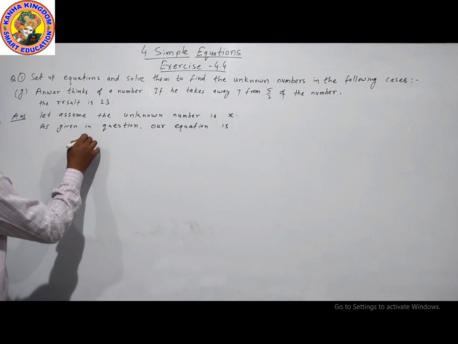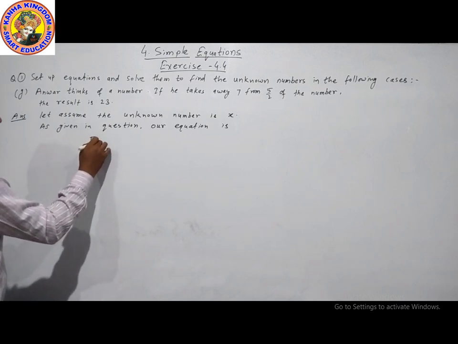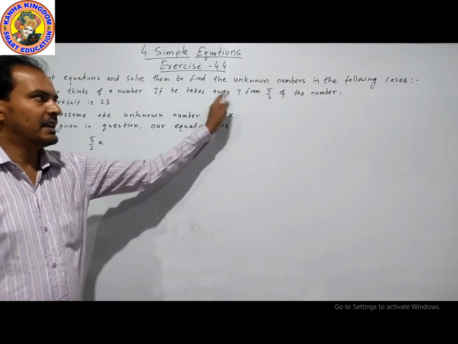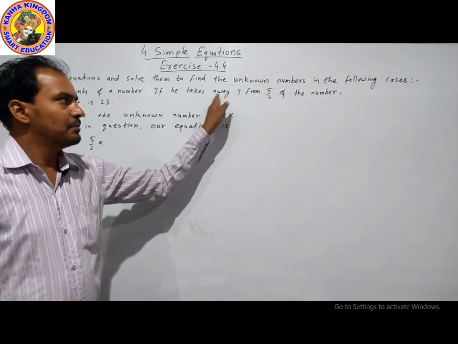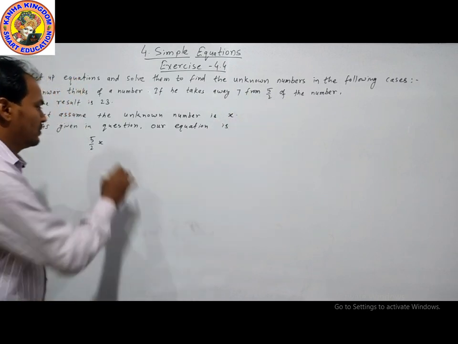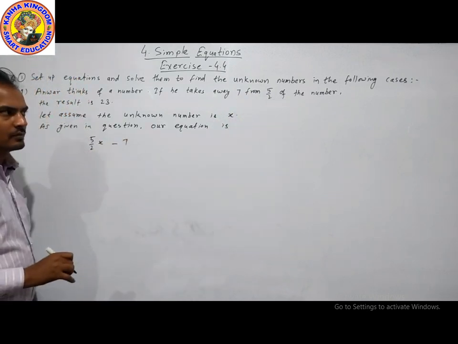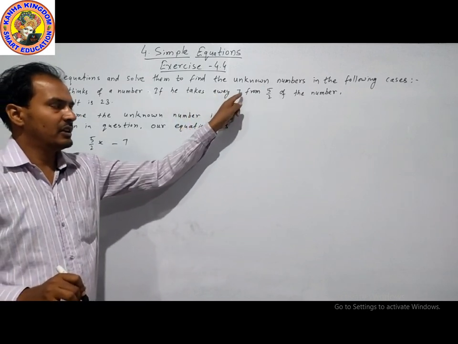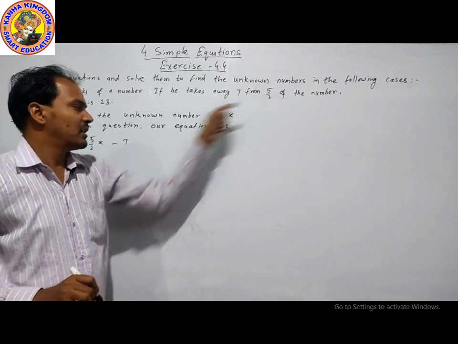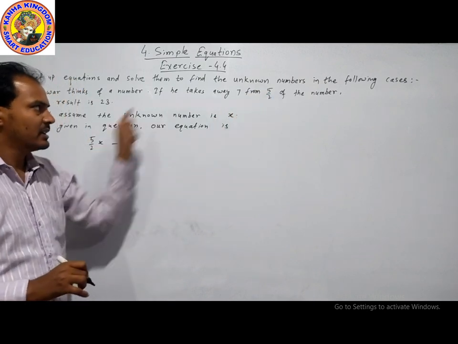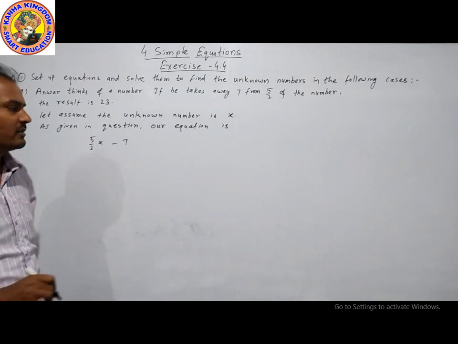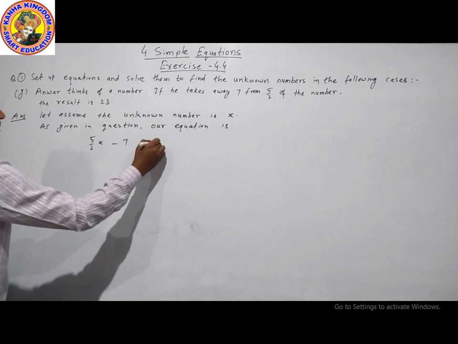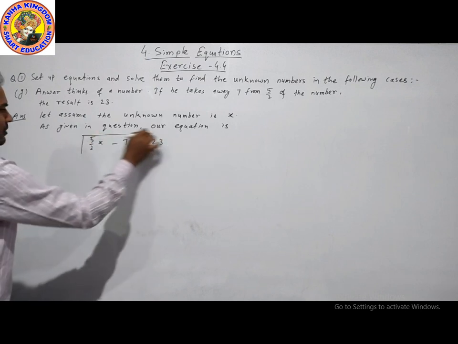Takes away means minus 7 from 5 by 2 of the number. 5 by 2 of the number is 5 by 2 x. Takes away minus 7. The result is equal to 23. This is our equation.